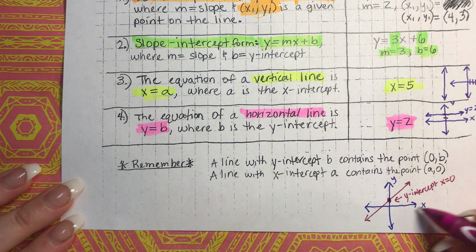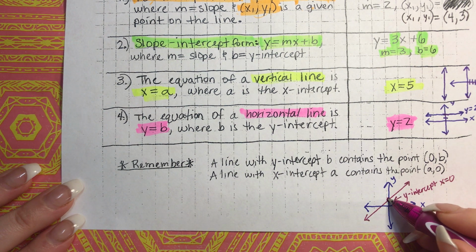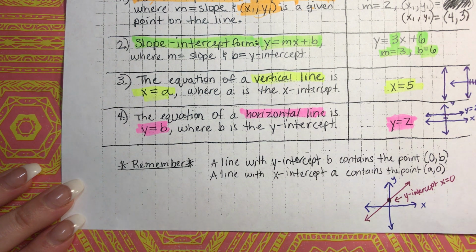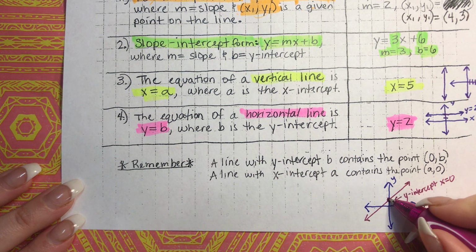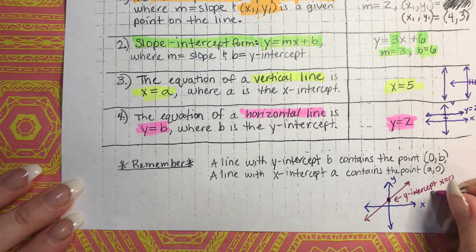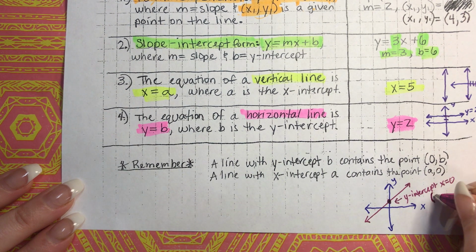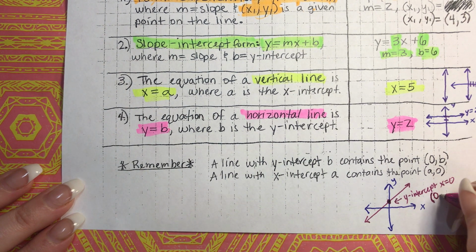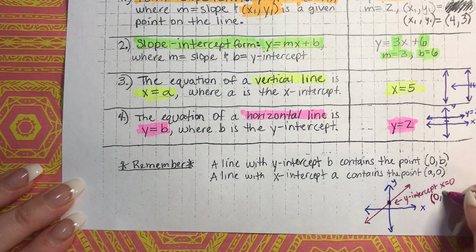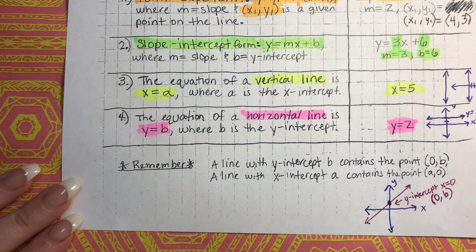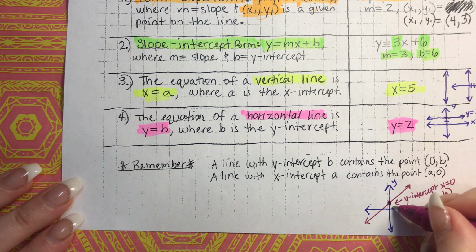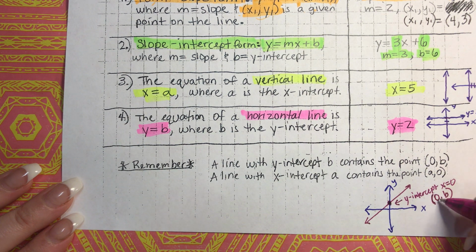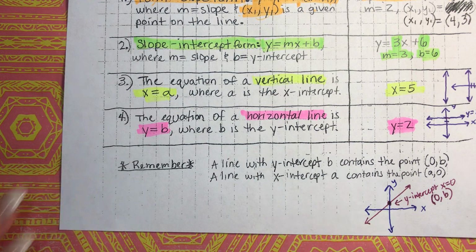Well, here on the x-axis, where is x here? This is when x is 0, right? So that means that whatever this y-intercept is, it will always have the point where x is 0, and we'll use b because that's what the y-intercept is. Okay, but if this was like 2, then it would be 0, 2. But for every y-intercept, x is always going to be 0.